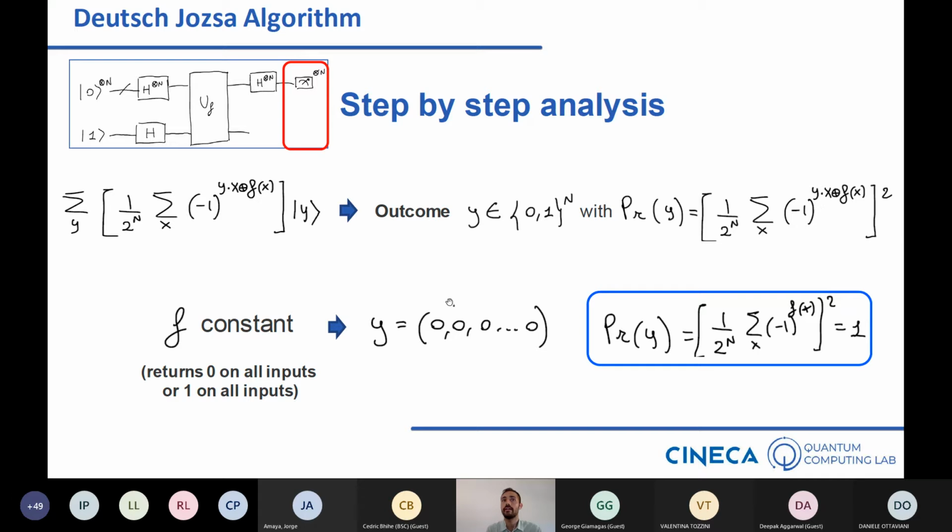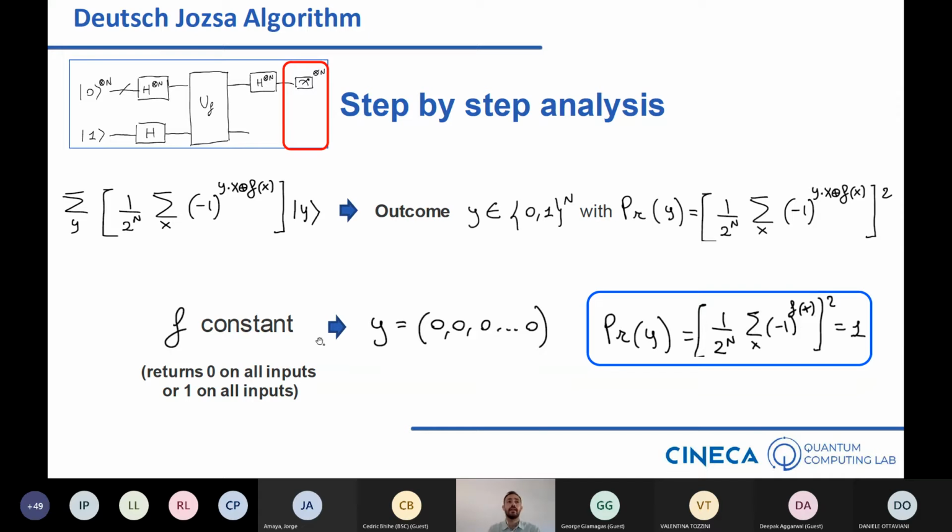Okay, the probability of getting this string is, if you look here, basically so y times x goes away because of this choice of y, and you are left with f of x in the exponent alone.